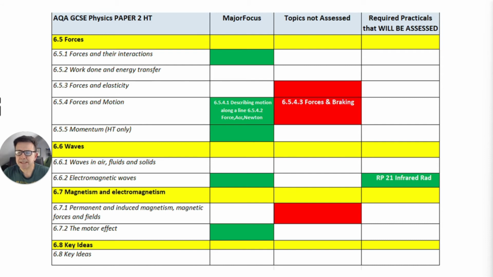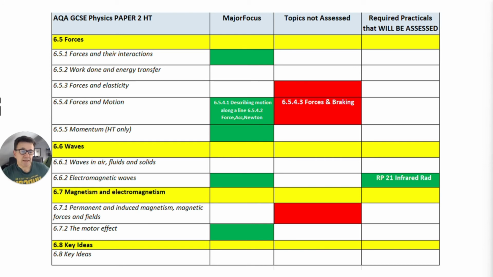So I think that's things like acceleration, distance-time graphs, and also force, acceleration and Newton's laws. So that's quite important. Momentum as well is there, which is higher tier only. So it's definite you will get a question on momentum.